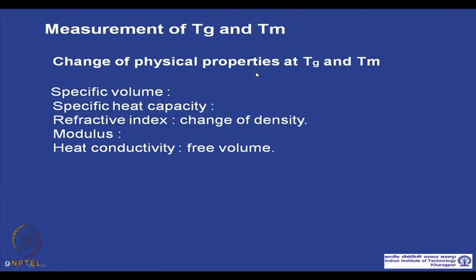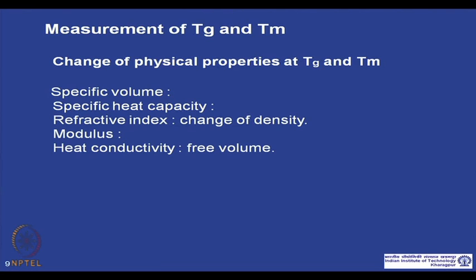We have discussed that there are lots of physical property changes during glass transition and melting. Some of them are listed here: specific volume, specific heat capacity, refractive index, modulus, heat conductivity. There are many others which we can list, but these are some examples.